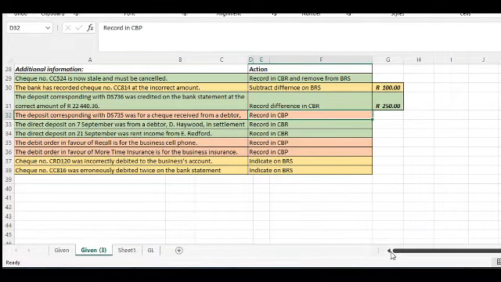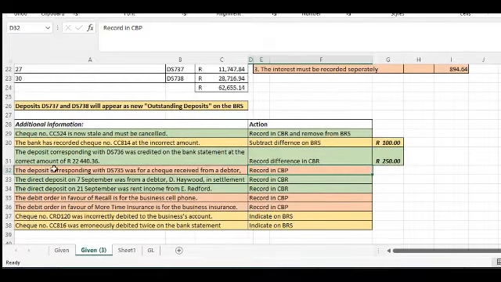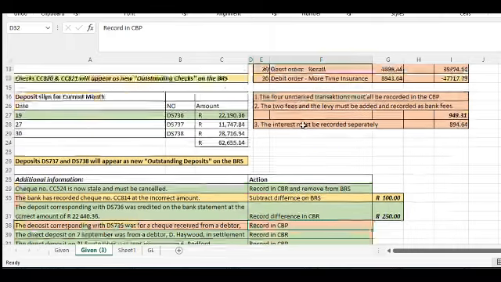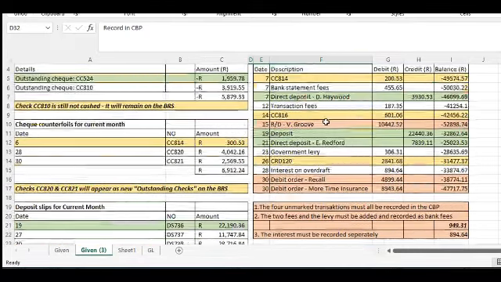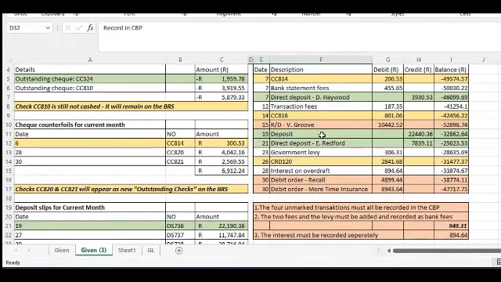Now, what did I do here? Where's my date? Did I take the date out here? Okay, not a problem. DS735, where is that entry?